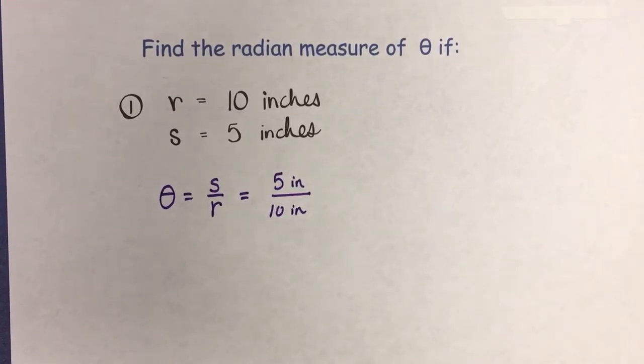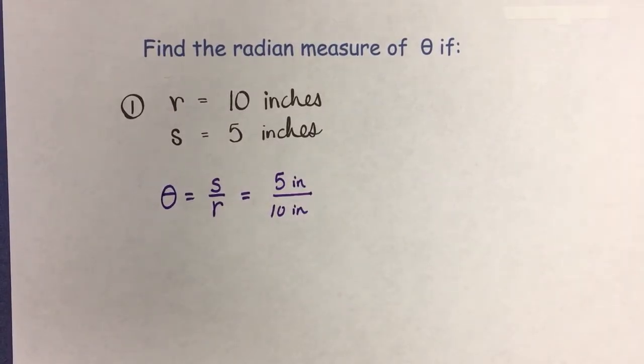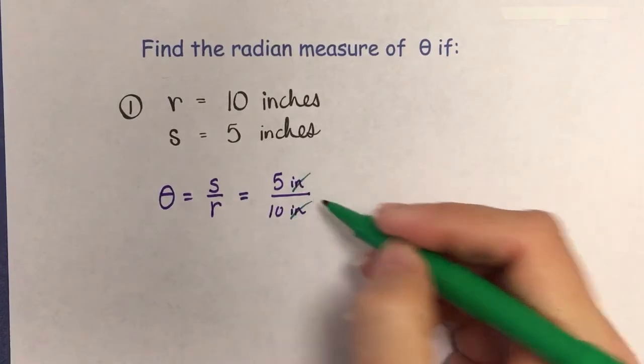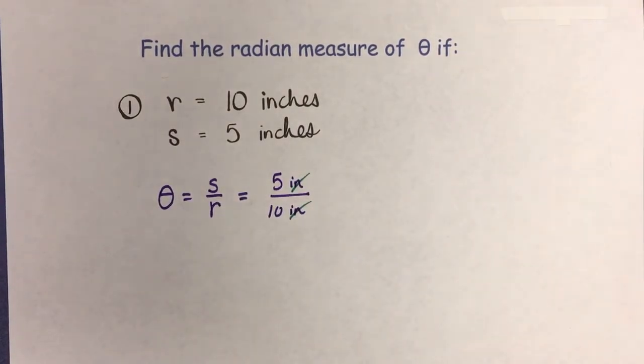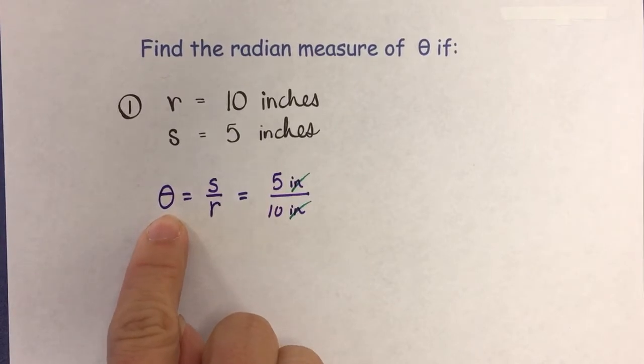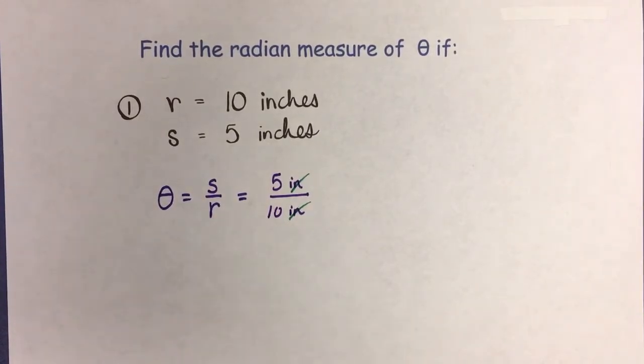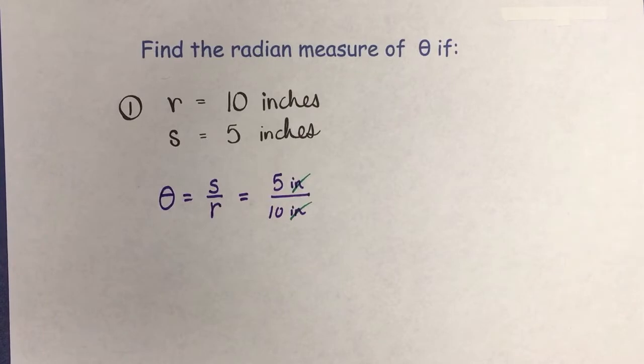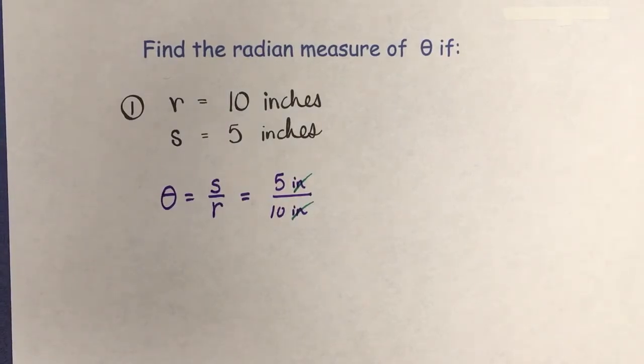Now, I went ahead and wrote inches in there because I want to point something out to you. As you do your work, you don't actually have to write the units. But these units are going to cancel out, and they should, because you're finding the measurement of an angle, and inches have to go away because your angle is measured either in radians or in degrees. In this case, using this formula, it's going to give it to you in radians.